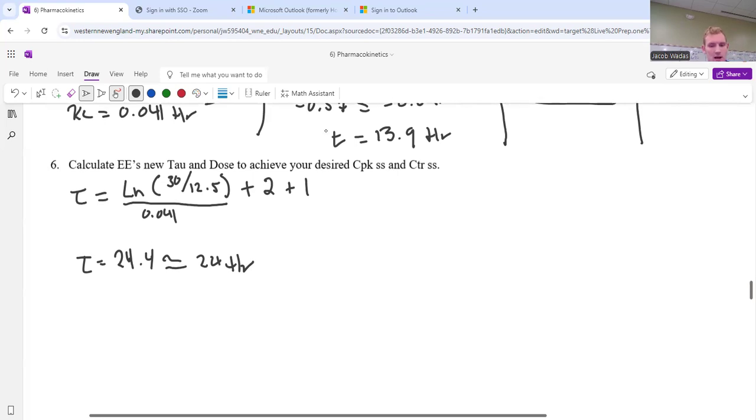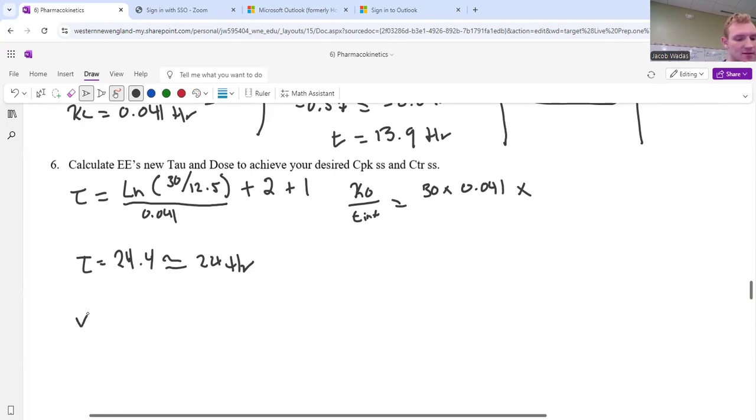All right, so now we found the tau. Now we can find the new dose. So KO over time of infusion equals C peak. Our desired peak is 30 times KE, which is 0.041, times the VD.